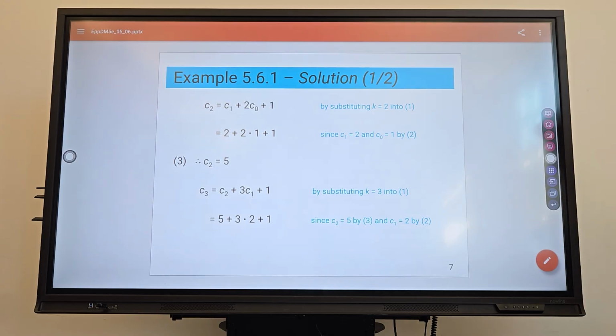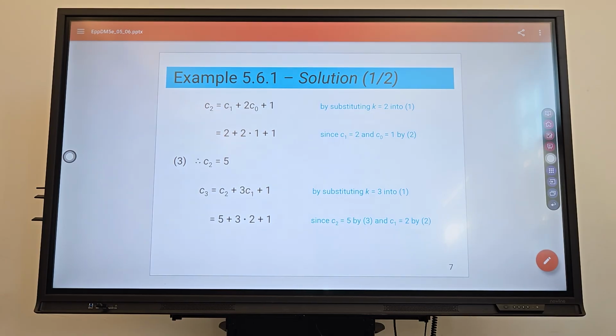C sub 2 would be C sub 1 plus 2 times C sub 0 plus 1. Substitute k equals 2, and you get 5 when you calculate it all out.